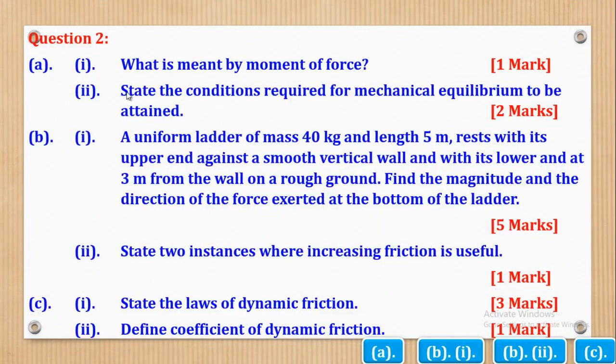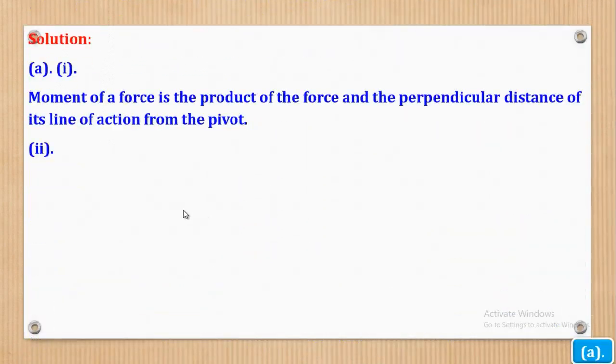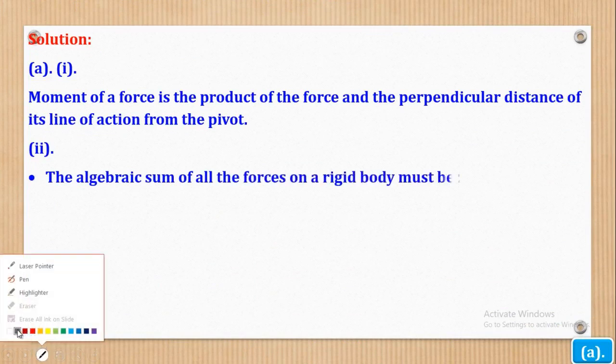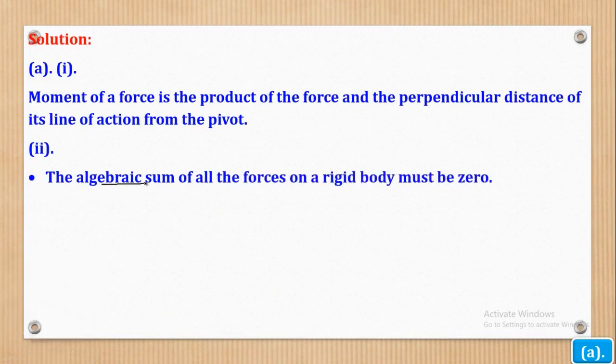Roman 2 says, state the conditions required for mechanical equilibrium to be attained. So the first condition says that the algebraic sum of all the forces on a rigid body must be 0.